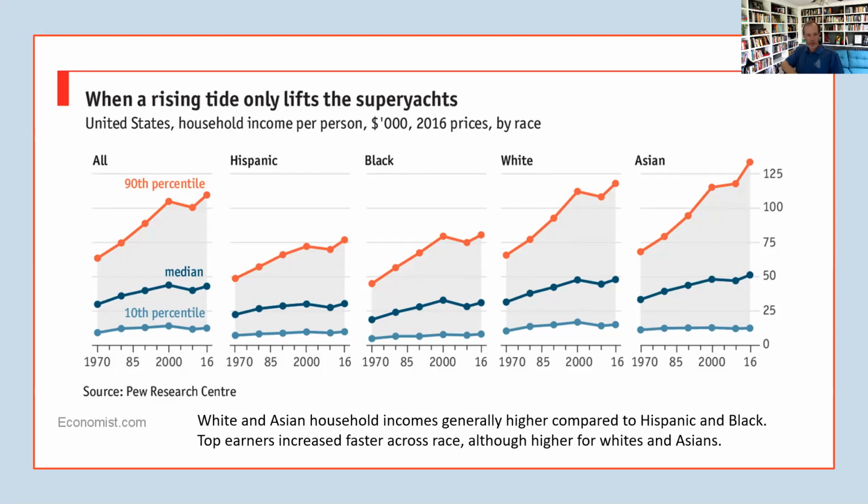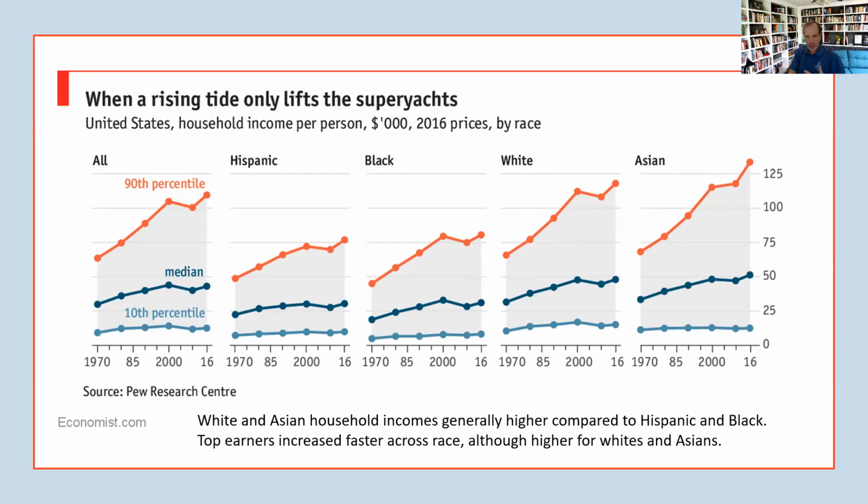And also, I should say the top earners, so the orange lines here, the rate of increase is higher for the top earners. So in the 90th percentile, even across all the racial and ethnic categories, the income is increasing faster for the rich and less so down on the median or the 10th percentile.